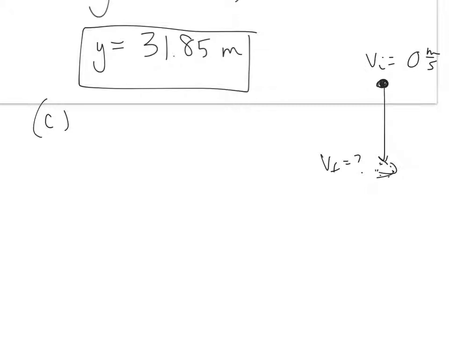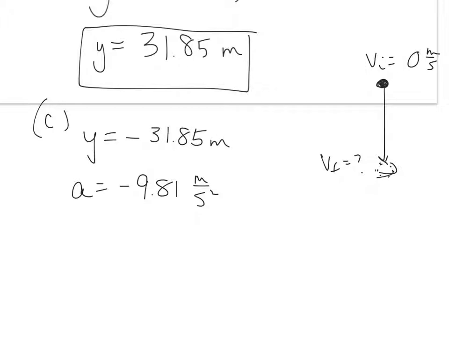So if I know this is true, what is the displacement going down? Negative what? What's the number we had from the last part? That's the acceleration. Be careful. Oh, is it the 31? Yeah. So the displacement is the same. If the rocket makes it up to 31.85 meters, to go back down, it's got to travel 31.85 meters down.